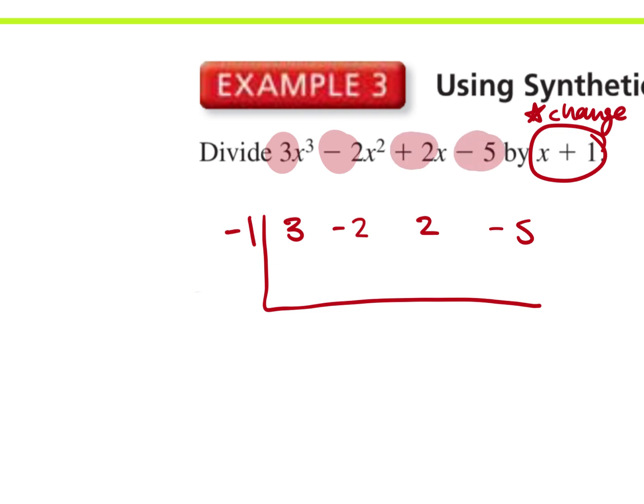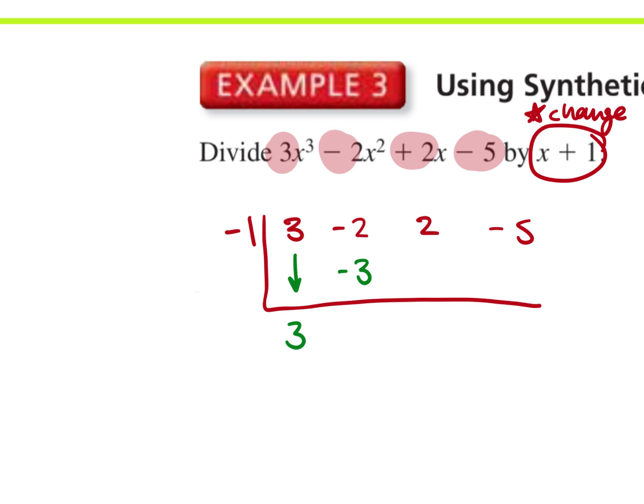All right. Now that we have it set up, what's step 1? Before we multiply, what do we have to do first? Put it outside the box. We drop the 3 down outside. What's next? Then we multiply. -1 times 3? -3. Then what?